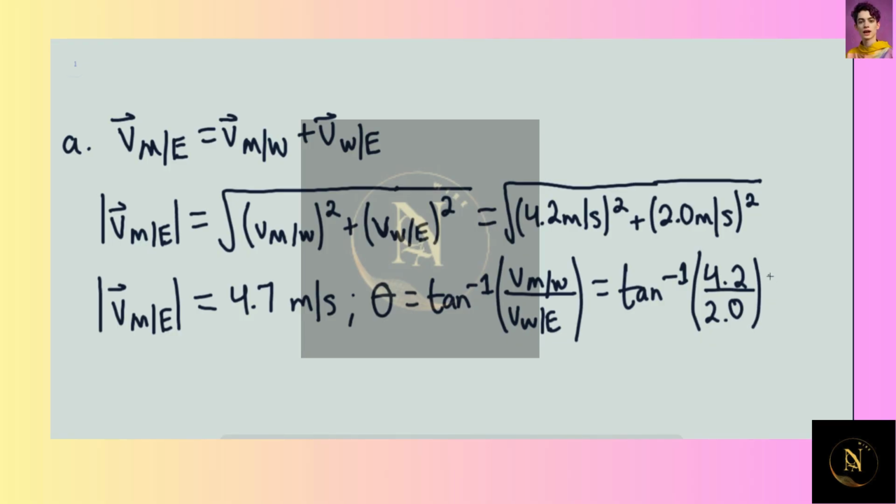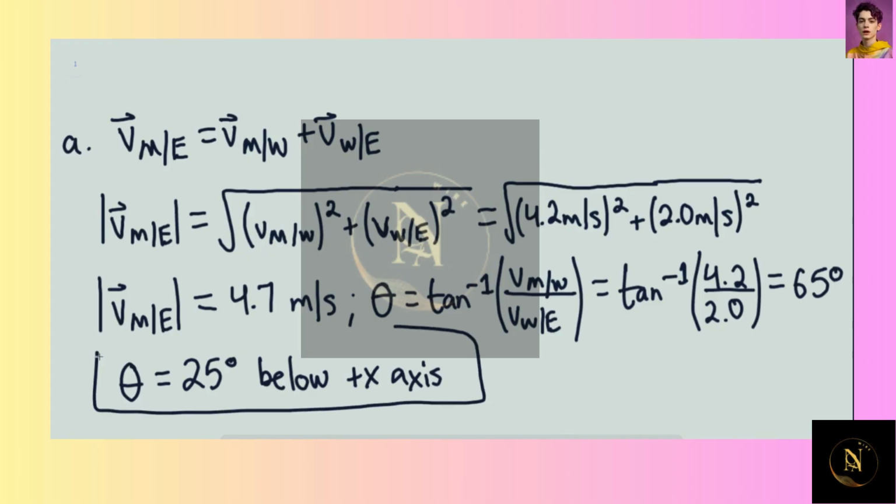This equals 65 degrees, or we can say that theta would be equal to 25 degrees below the positive x-axis. So this would be our direction, and this would be our magnitude. So that'd be your answer for part A.